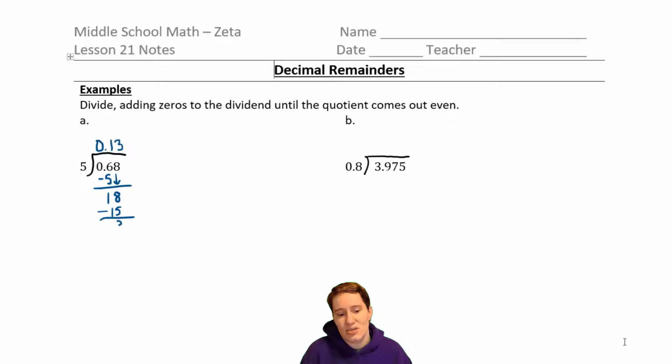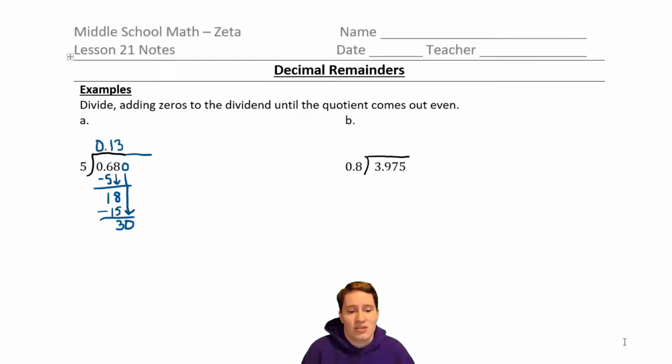So here's the situation. We are out of numbers, but we have this 3 down here. At some point in math, what we did is we just wrote R3 for a remainder. But this idea of decimals means that we can put a 0 here, drop a 0 down, and keep dividing until this comes out evenly. And since we're dividing by 5, it should always come out evenly, because 5s are nice like that.